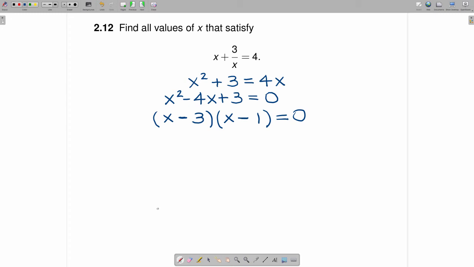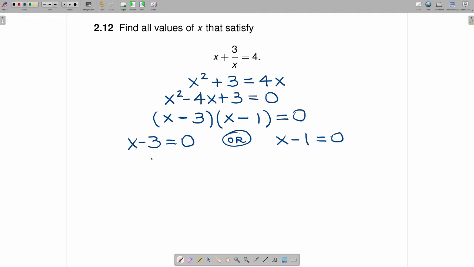Since we have one thing multiplied by another thing equal to 0, either the first of those two factors is equal to 0, or the second of the two factors is equal to 0. The way you solve the first equation is you add 3 to both sides.